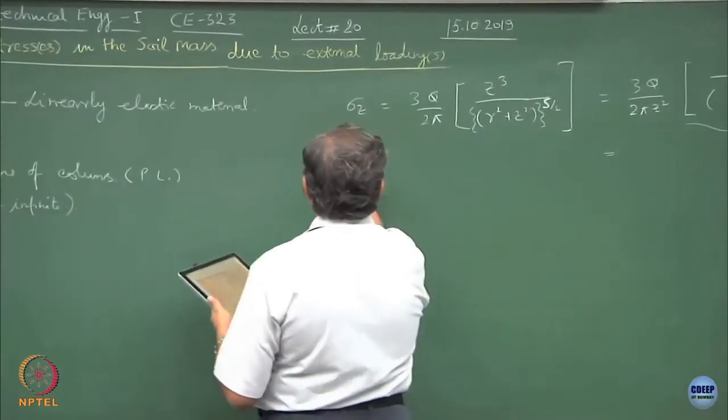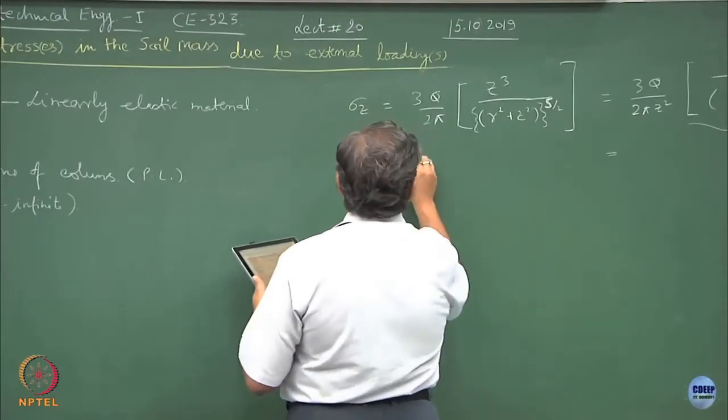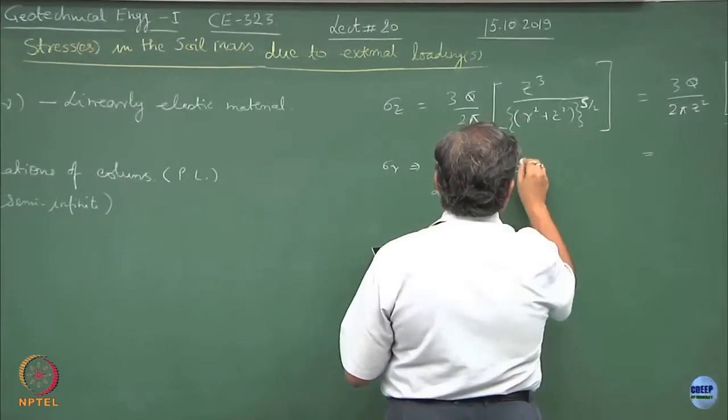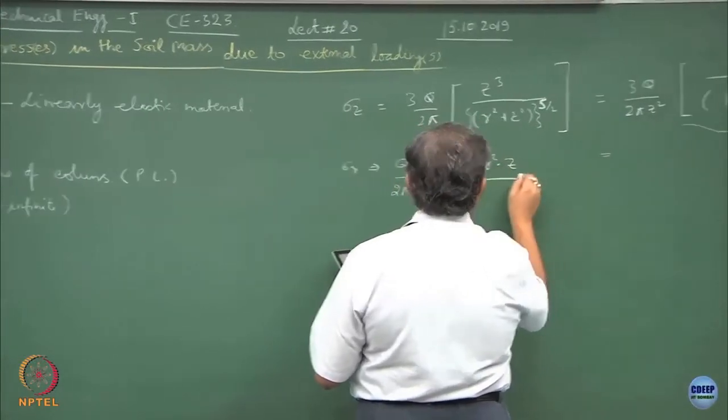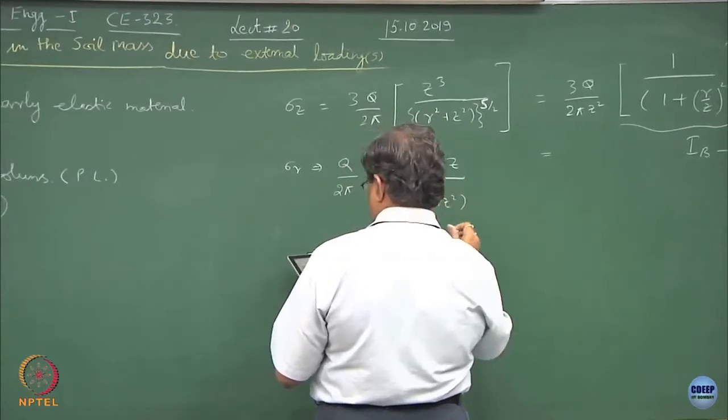Now, sigma r is Q upon 2 pi, this is 3 r square into z upon, but yes, if you can remember, that is okay.